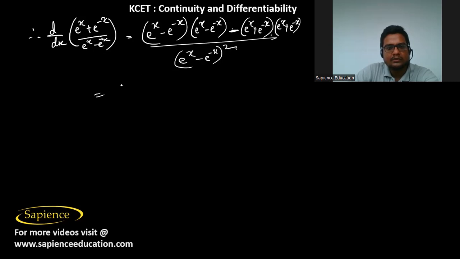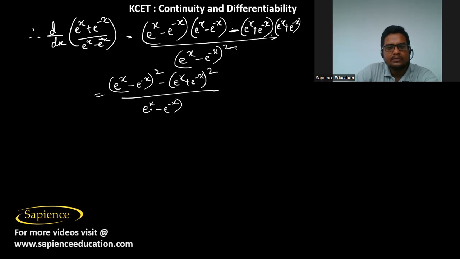So this will be equal to e power x minus e power minus x whole square minus e power x plus e power minus x whole square, divided by e power x minus e power minus x whole square.